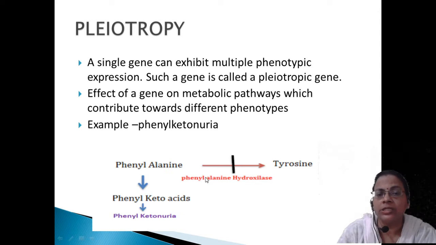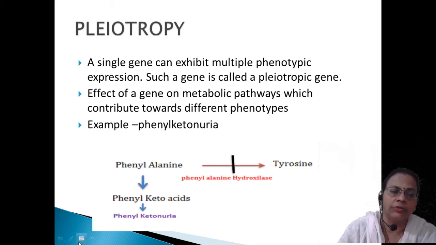This chemical change occurs in the presence of a special type of enzyme called phenylalanine hydroxylase. This phenylalanine hydroxylase in turn is controlled by a dominant allele. Either you can say capital letter P, or capital letter A, any letter you can use for the dominant allele. Here we are using P for phenyl.